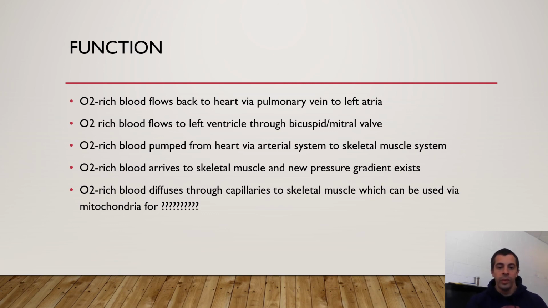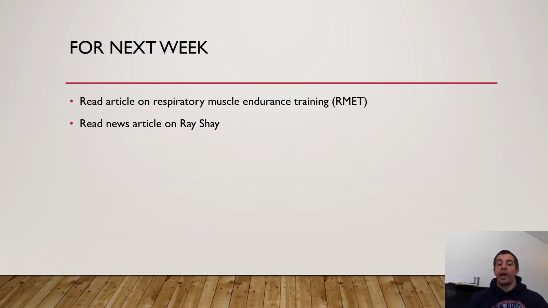So for next week, I'm going to give you guys 2 articles. One is just a short news article on a marathon endurance runner who passed away, I don't know, in the early 2000s while running a marathon. His name's Ryan Shea.